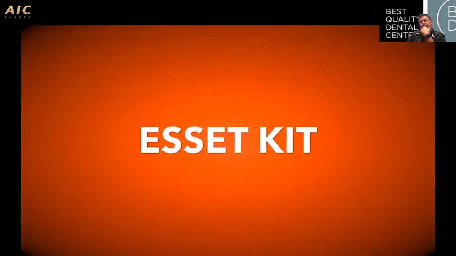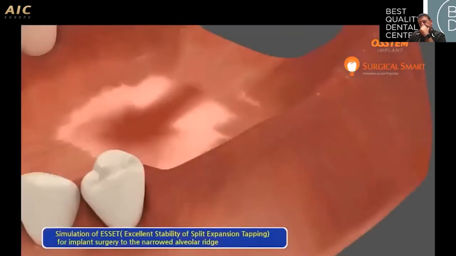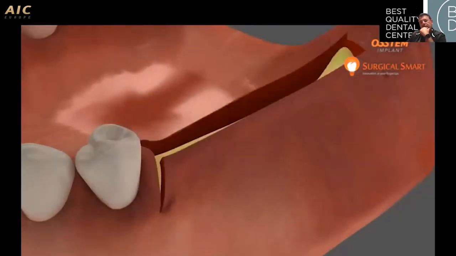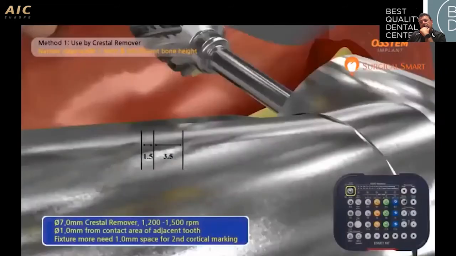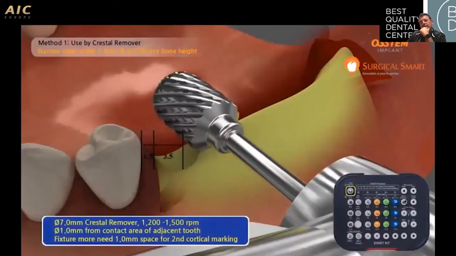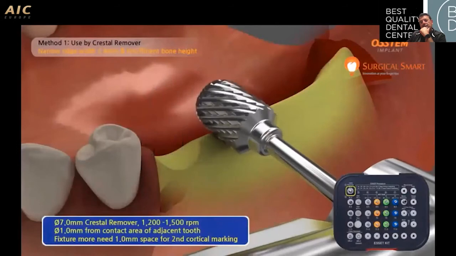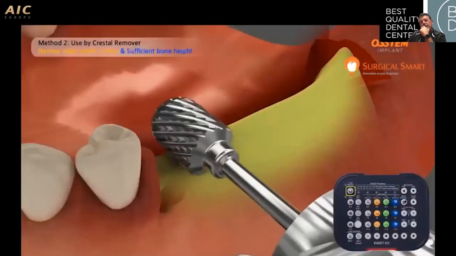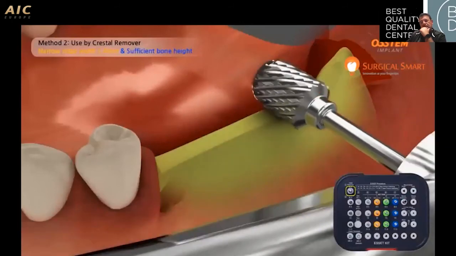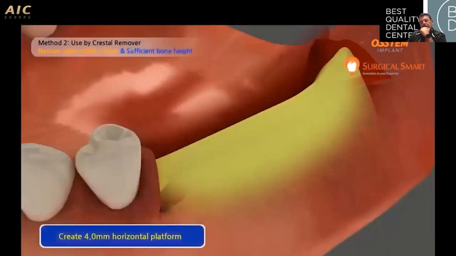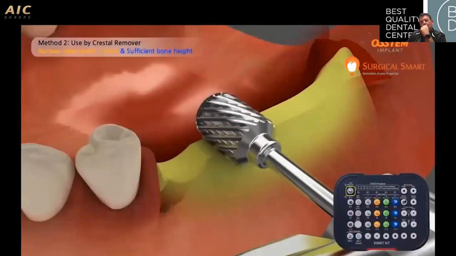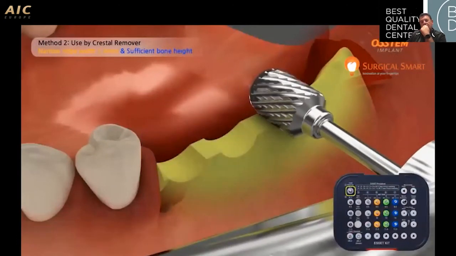The asset kit. Cut a flap, making sure to leave 1.5 millimeters from the adjacent tooth. For method 1, use the crestal remover to make 3 grooves with 1 millimeter of space in between. For method 2, use the crestal remover to shave off the ridge to create a 4 mm horizontal platform, going on to create the 3 indentations upon the surface.